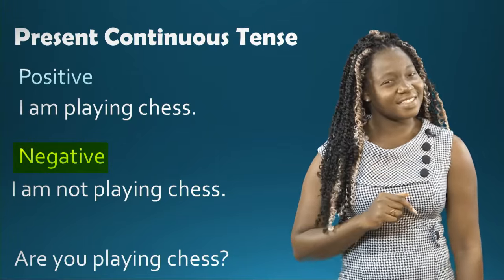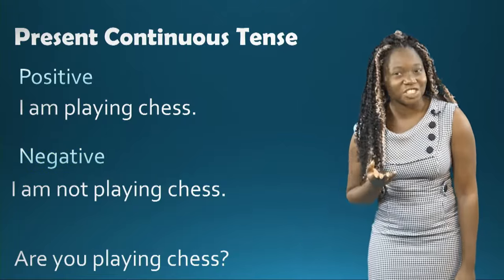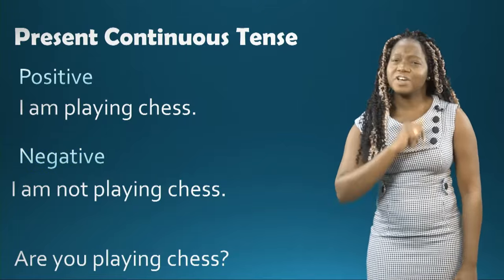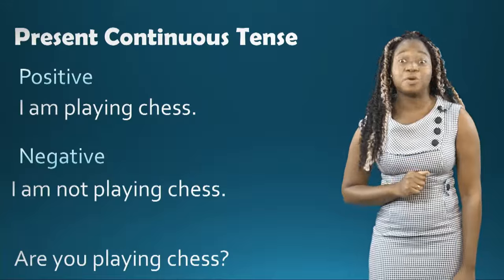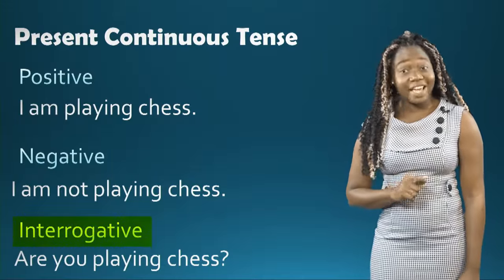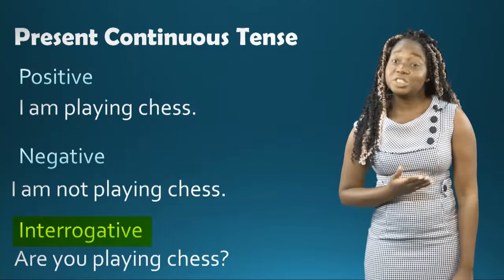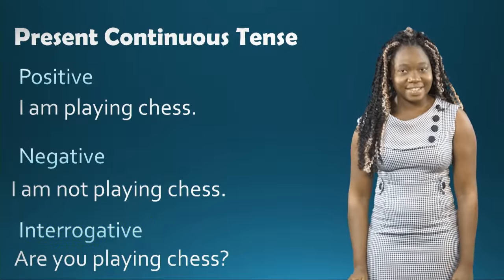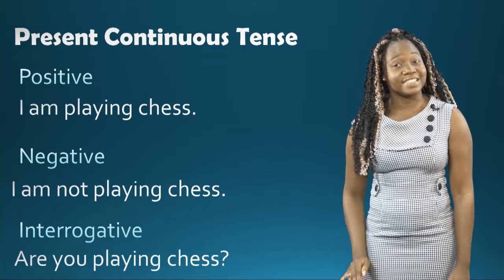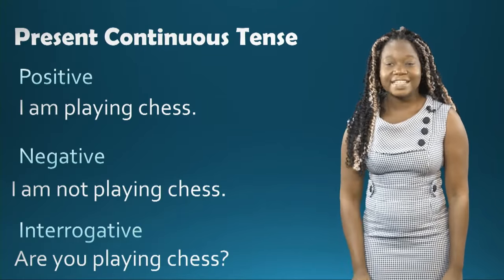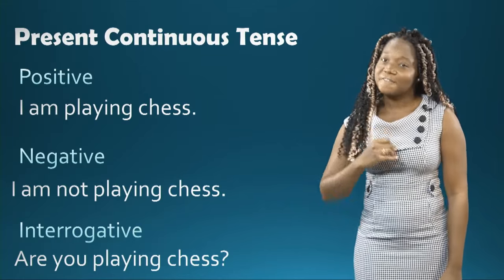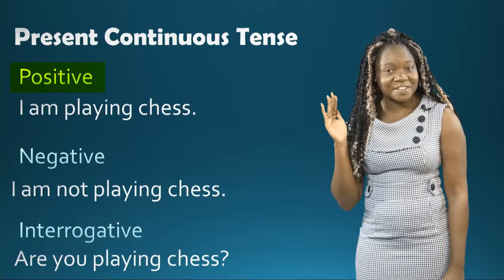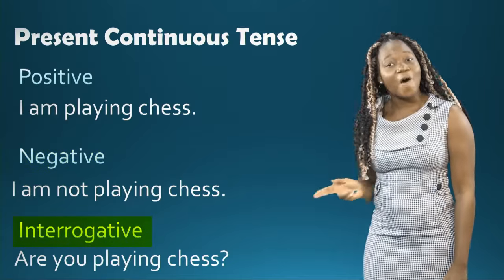Are you playing chess? This is a question, right? But since you're in grade 9, I'm going to give you a bigger word, interrogative, which means the same thing. So when you're writing sentences in the present continuous tense, they can take on 3 forms: positive, negative, or interrogative.